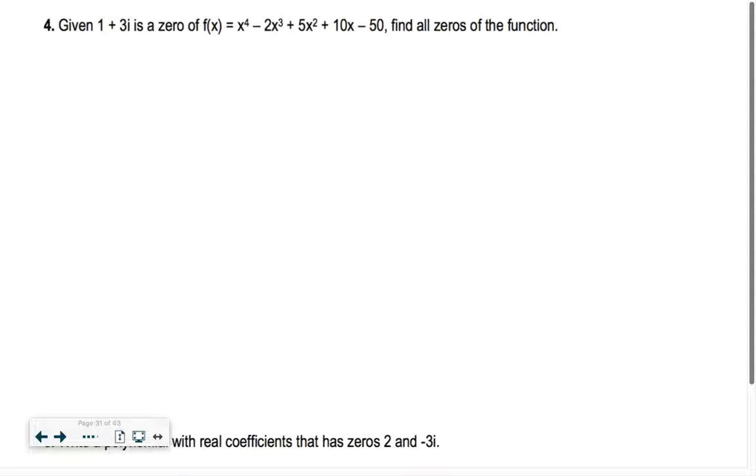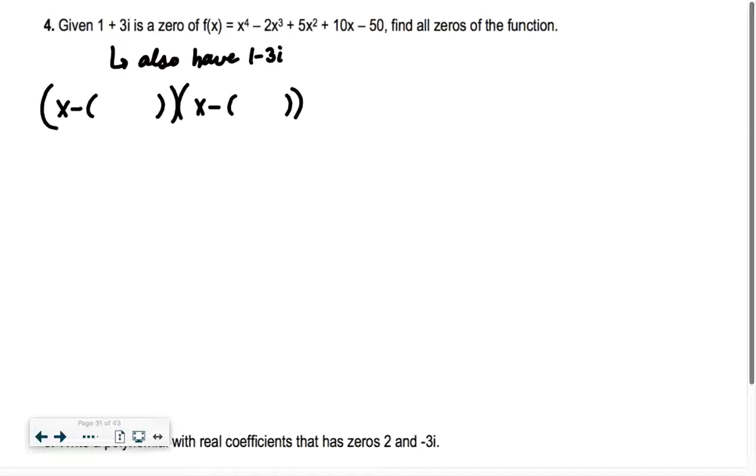Yeah, so if 1 plus 3i is a 0, we also have 1 minus 3i. So if both of those are zeros, that means I have x minus each of them in parentheses, right? So it's x minus the 1 plus 3i, and it's x minus the 1 minus 3i.